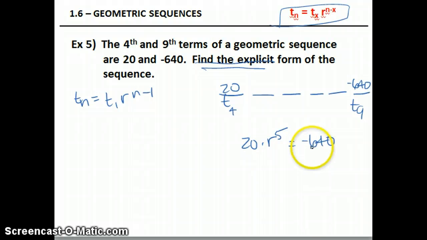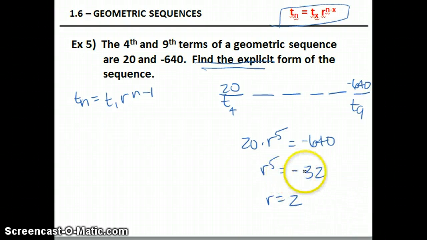Divide negative 640 by 20, and I get r to the 5th equals negative 32. Again, r equals negative 2. Now we can take the 5th root of this negative simply because we have an odd exponent, so that works. We won't end up with the square root of a negative. So this is hallelujah, hooray.